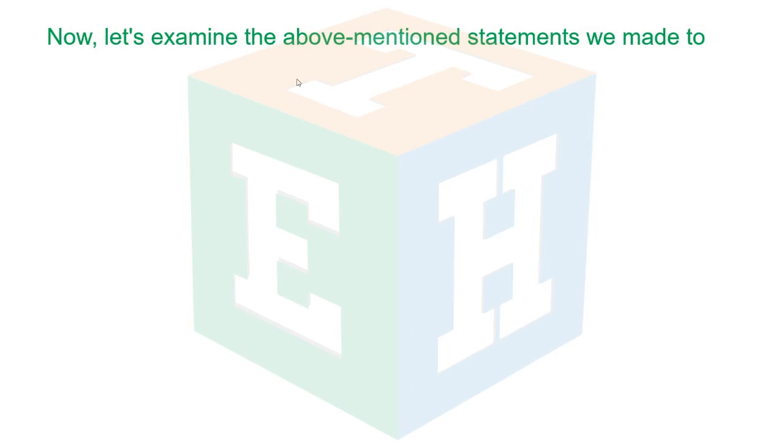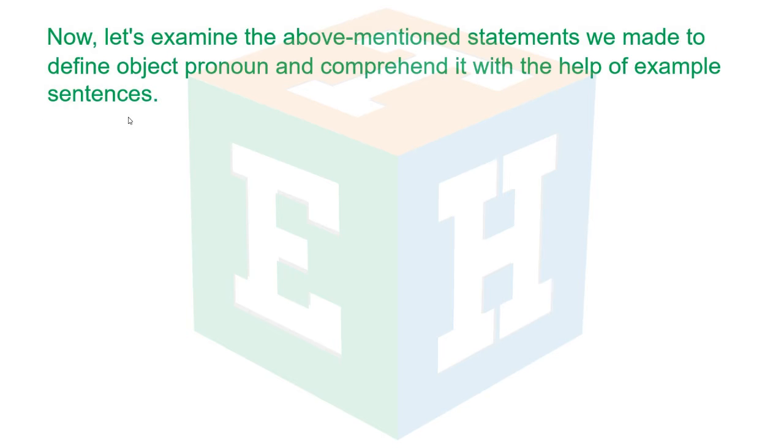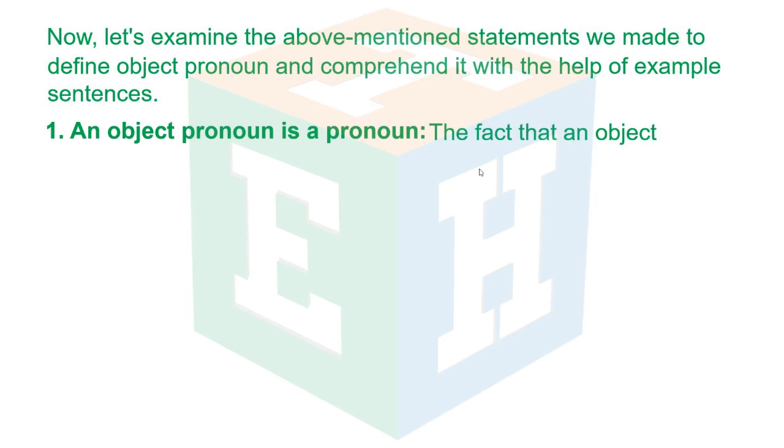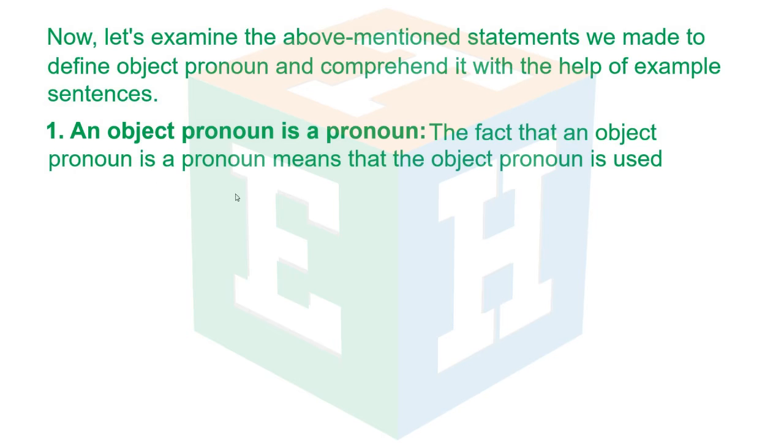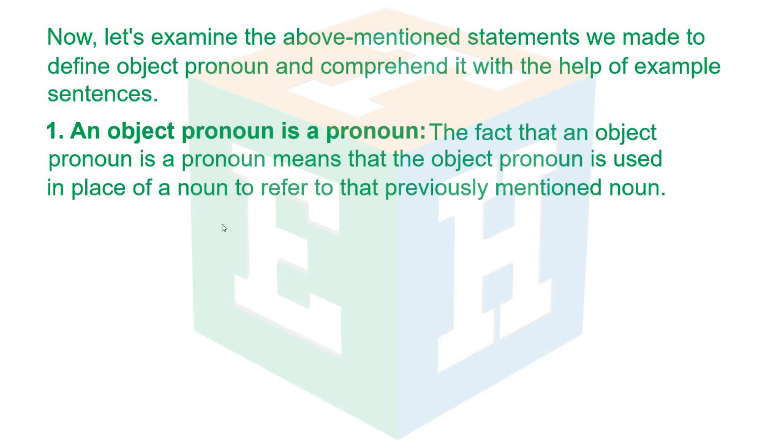Now, let's examine the above mentioned statements we made to define object pronoun and comprehend it with the help of example sentences. Number 1, an object pronoun is a pronoun. The fact that an object pronoun is a pronoun means that the object pronoun is used in place of a noun to refer to that previously mentioned noun.